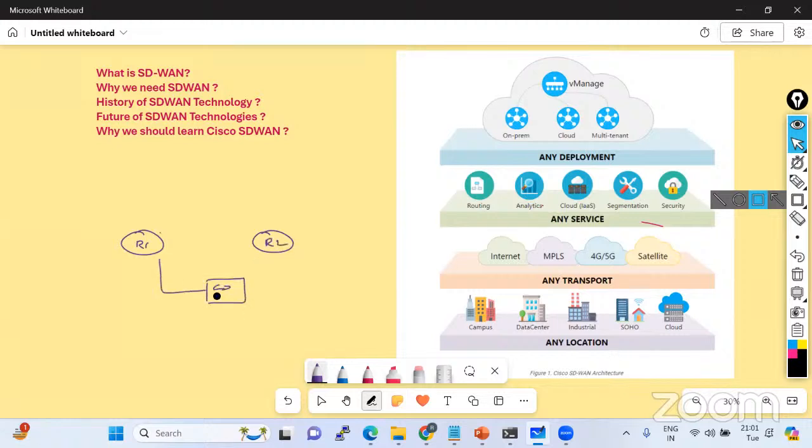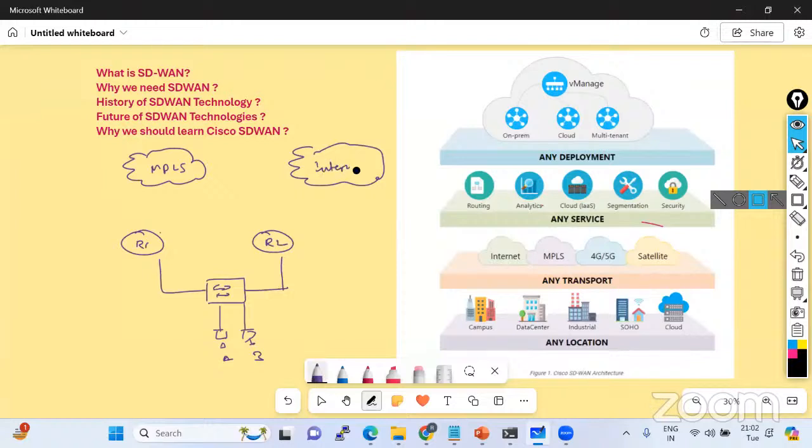This is my switch. Here are some users: this is user A, this is user B. This is your MPLS circuit, and this is your internet circuit. I'm just giving one example. This is your ISP connection.